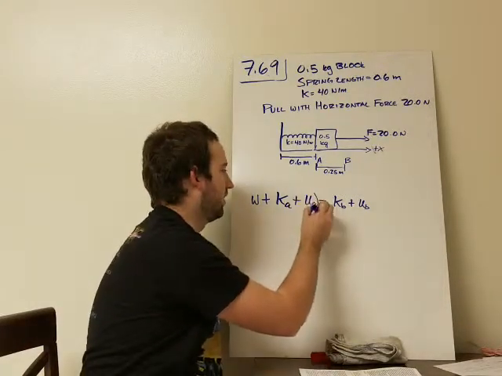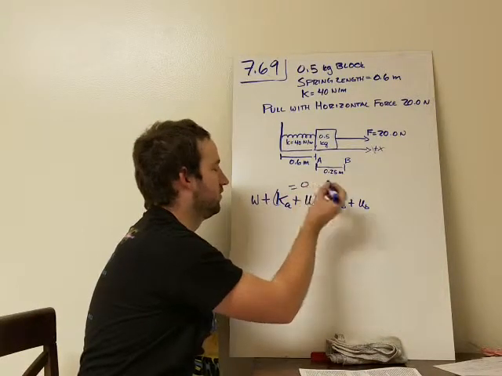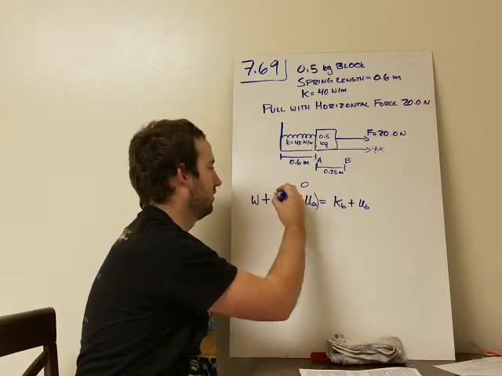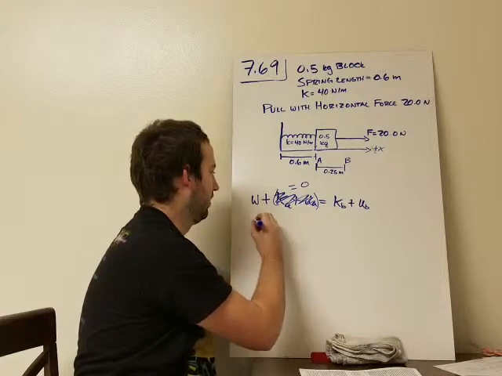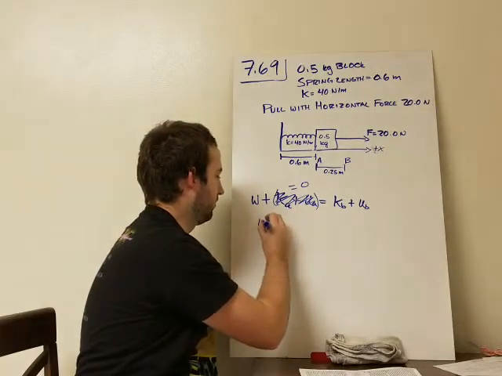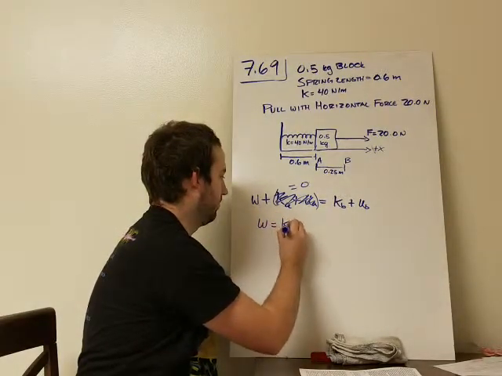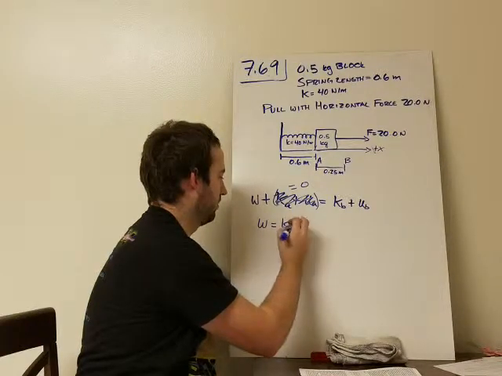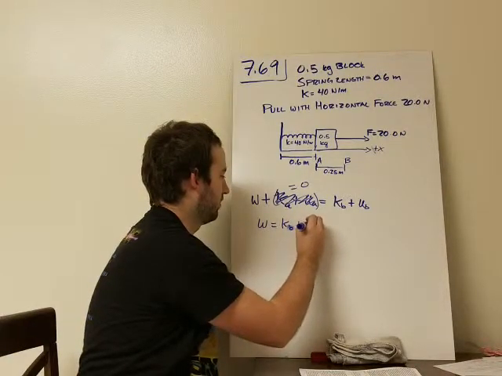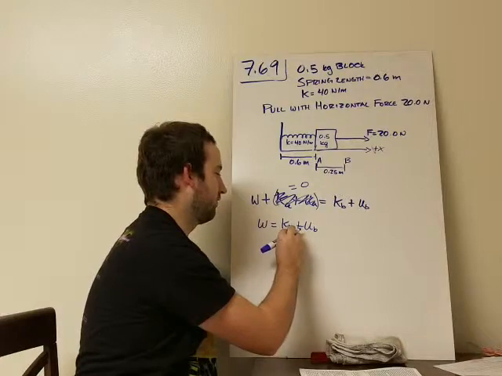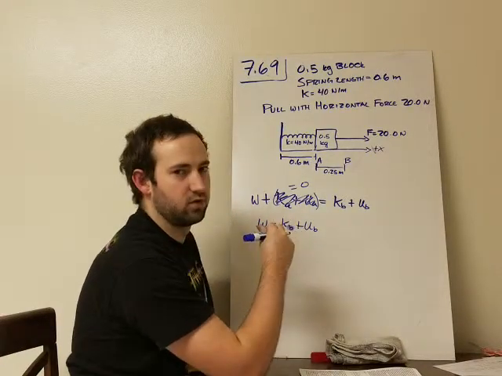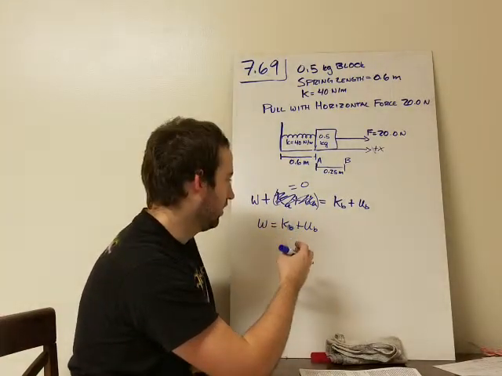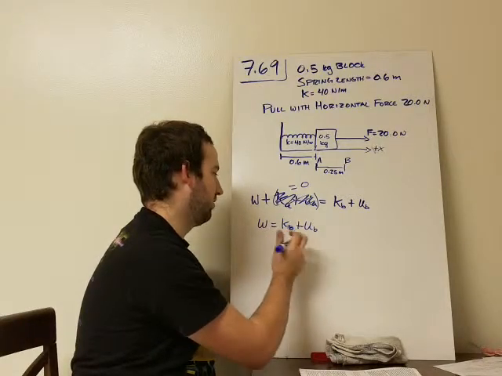So this equals 0, and we can forget about it. That means that W equals KB plus UB.